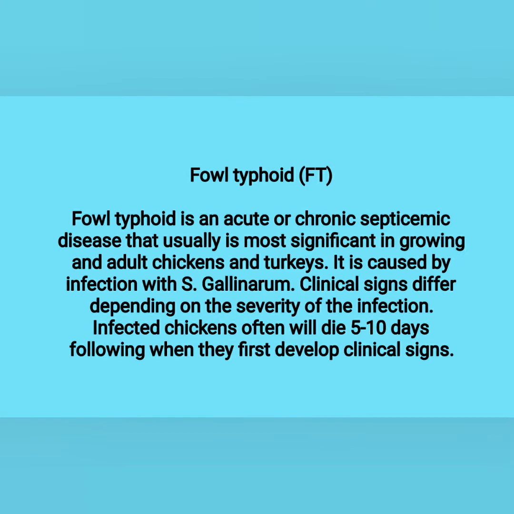butt. Fowl typhoid, FT. Fowl typhoid is an acute or chronic septicemic disease that usually is most significant in growing and adult chickens and turkeys. It is caused by infection with S. Gallinarum. Clinical signs differ depending on the severity of the infection. Infected chickens often will die 5–10 days following when they first develop clinical signs.